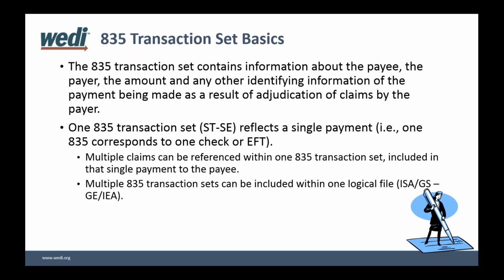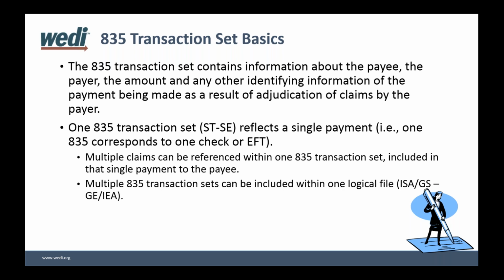Pat? Thank you, Pam. So the 835 transaction set contains information about the payee, the payer, the amounts, and other identifying information of the payment being made as a result of adjudication of claims by the payer. You'll note that we talk about the payee.